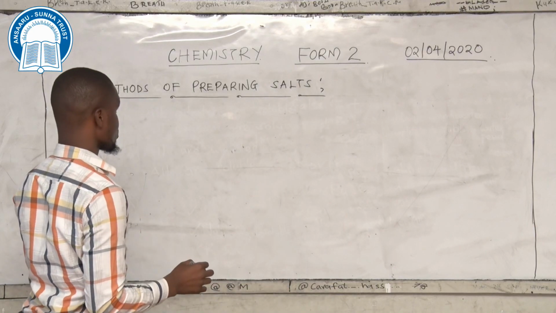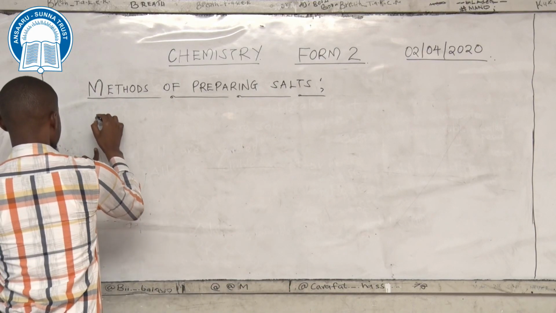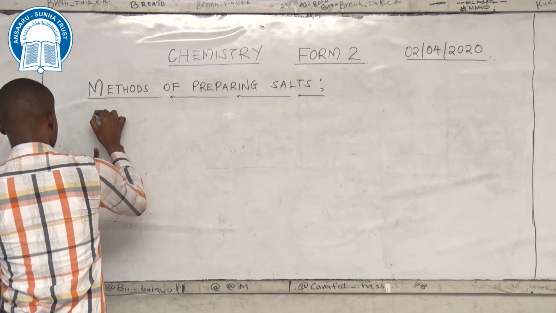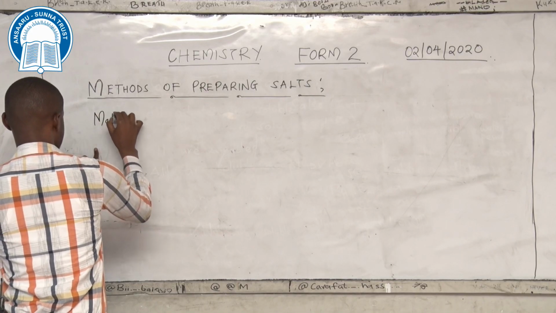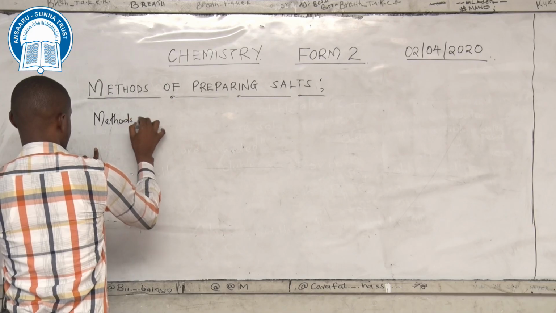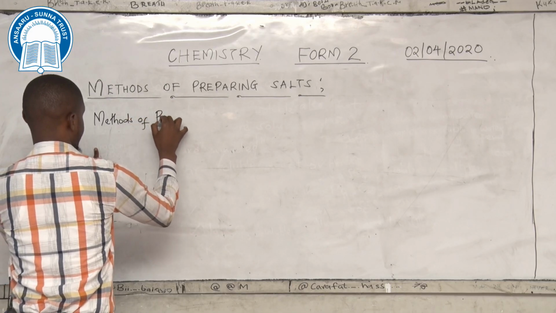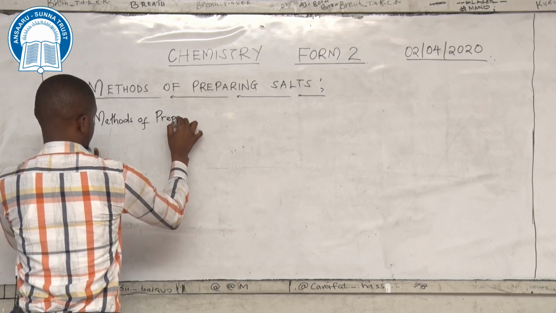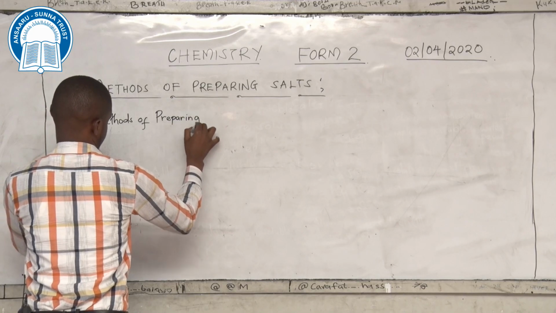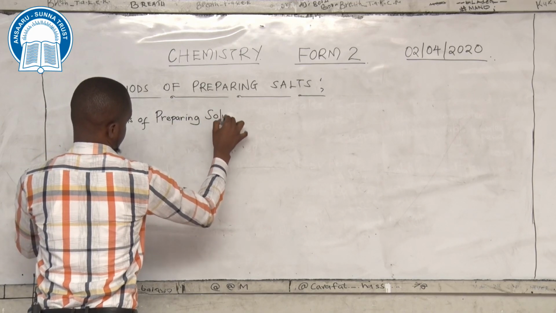Under methods of preparing salts, again, I would want us to divide this into two. On one side, we will say methods of preparing soluble salts.